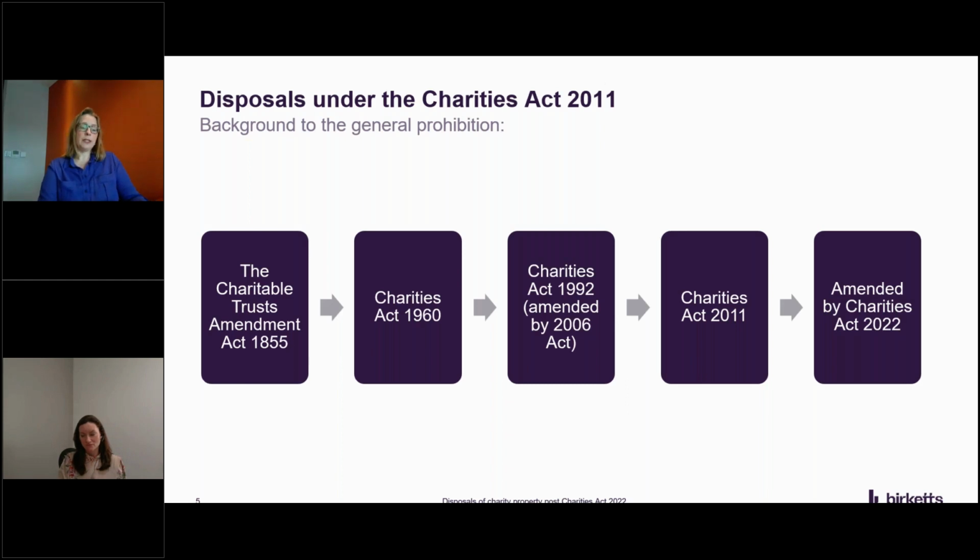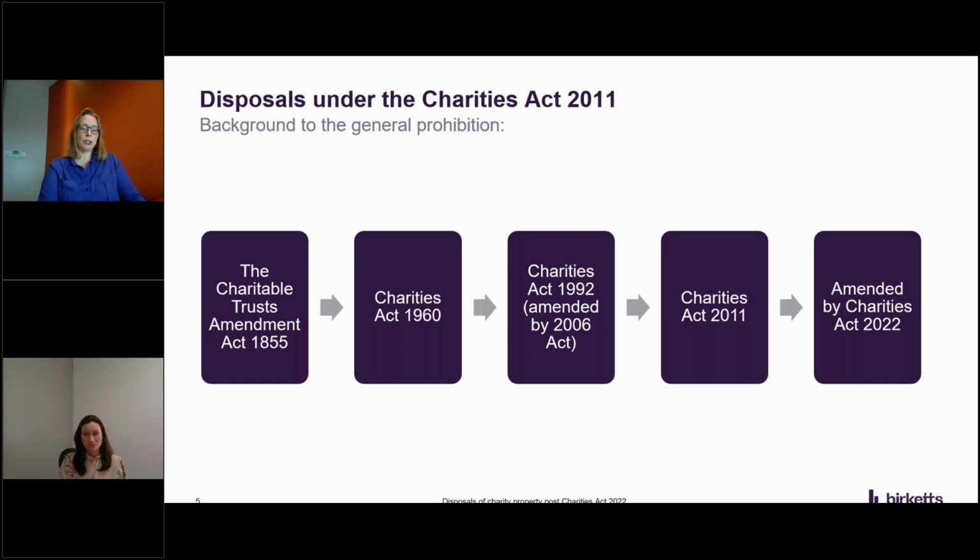This defined permanent endowment for the first time and made that distinction between those different types of land. At that point, consent was still needed from the court or the Charity Commission to make a disposal of land which was part of a charity's endowment. But if land had been bought from expendable funds, consent wasn't required.